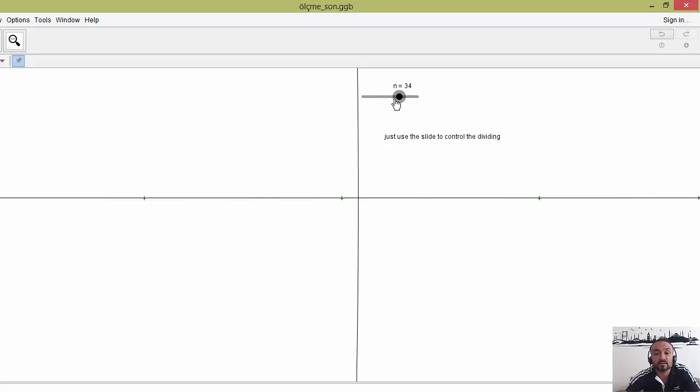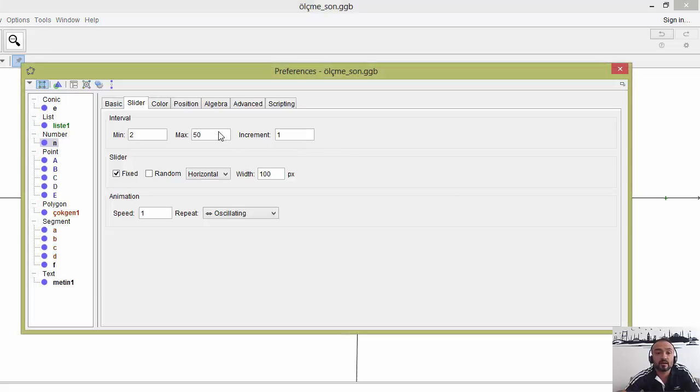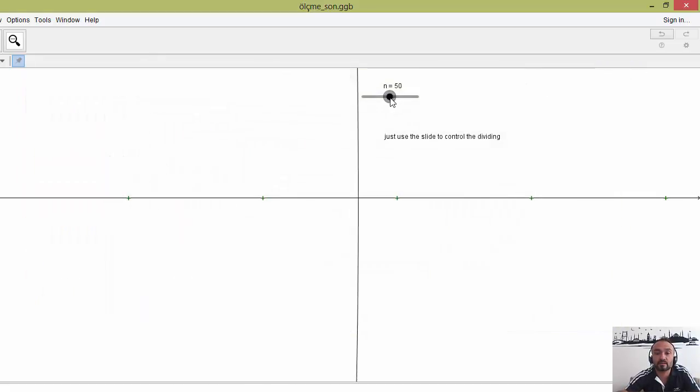Let's go on to increase the number of partitions. My slider is just restricted to 50. I can also increase it and go on to search.